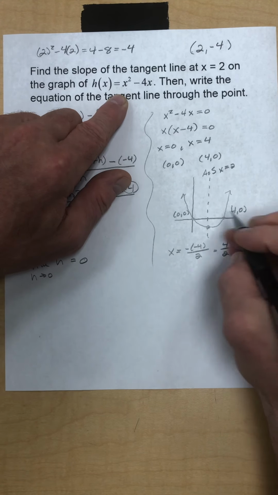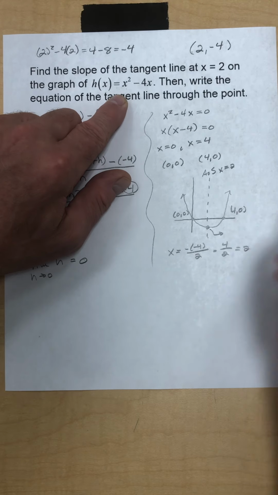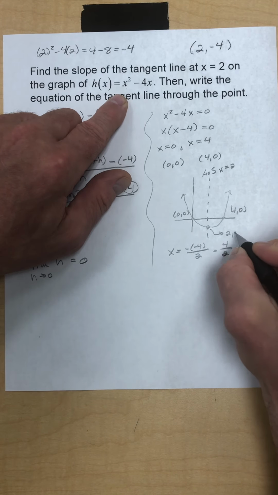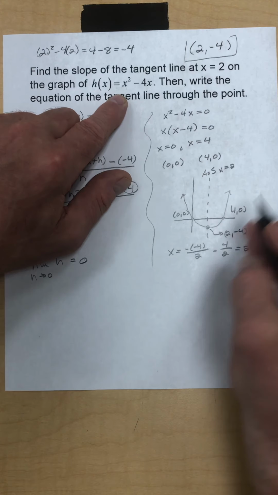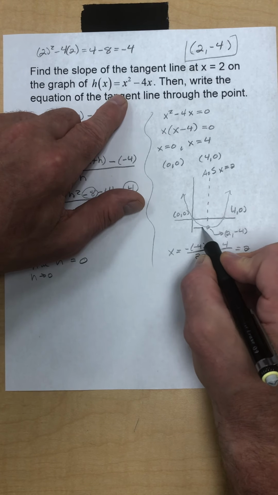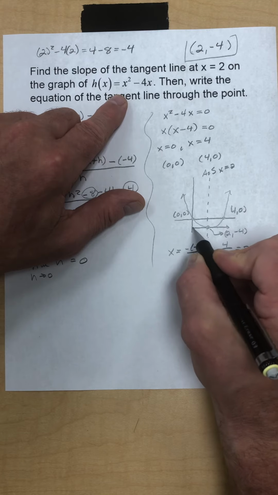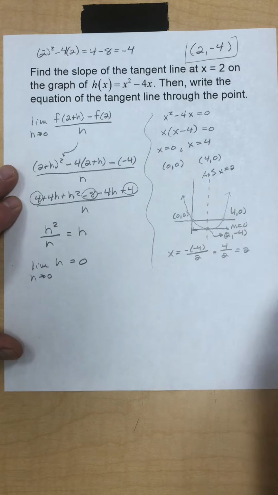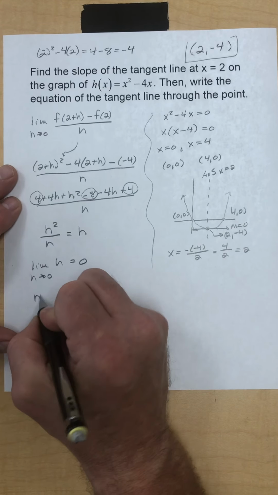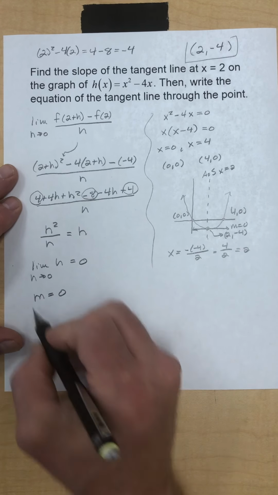What do you know? My vertex is at (2, -4), right here. So you figure your tangent line goes just like this. That makes sense, since our slope is 0. It's a horizontal line.